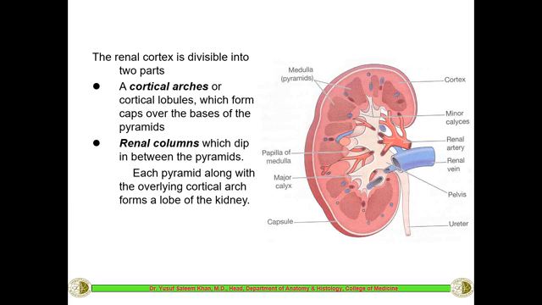The cortical arch is the part of the cortex which forms the caps for the pyramid. So together the pyramid with the cortical arch forms one lobe of the kidney.